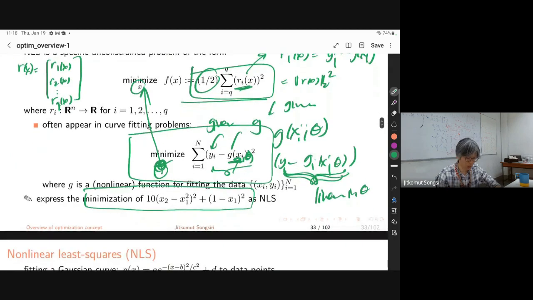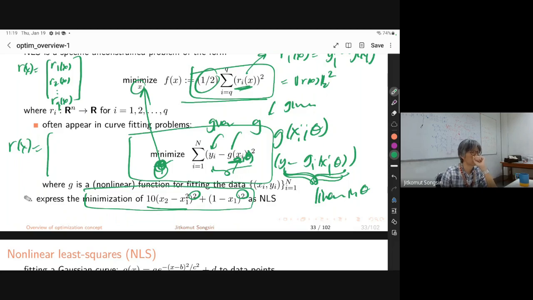Quick exercise, and then we have to finish for this lecture. Minimization of this, is it a nonlinear least square? Can we represent it as the sum square of some function? What is our R? First of all, you recognize that it's a sum square of two terms, right?